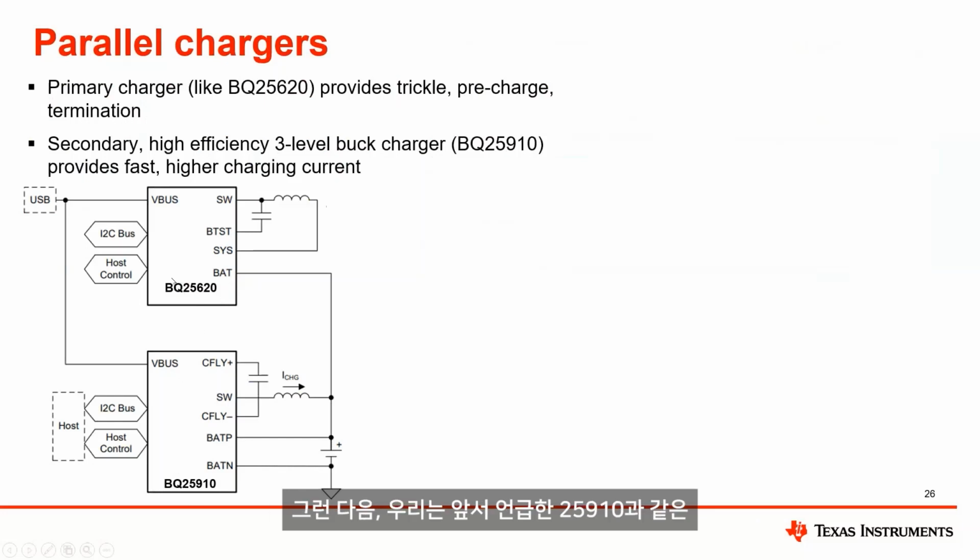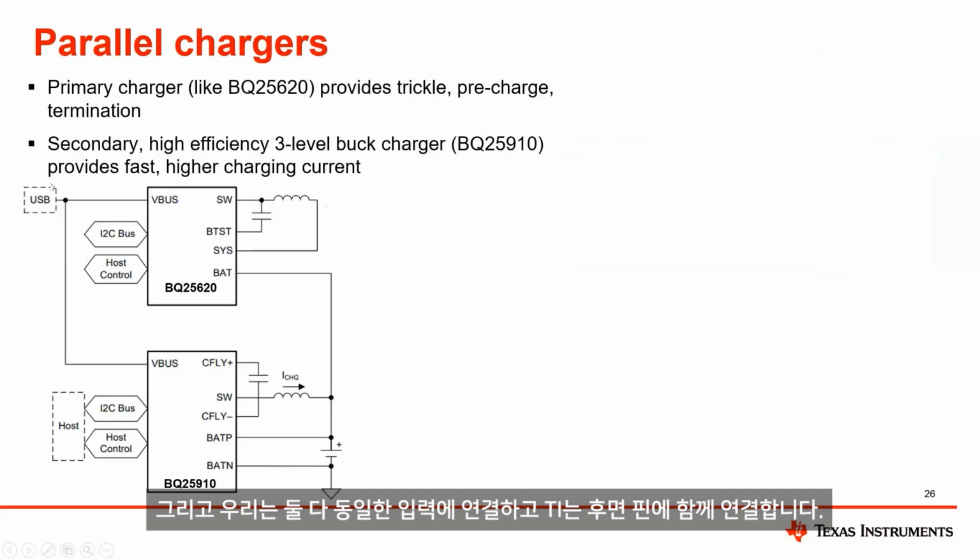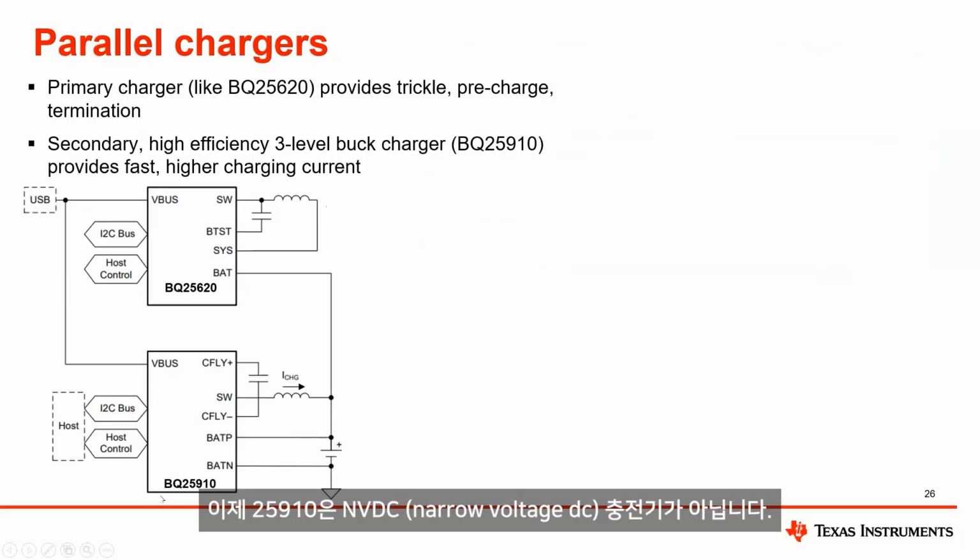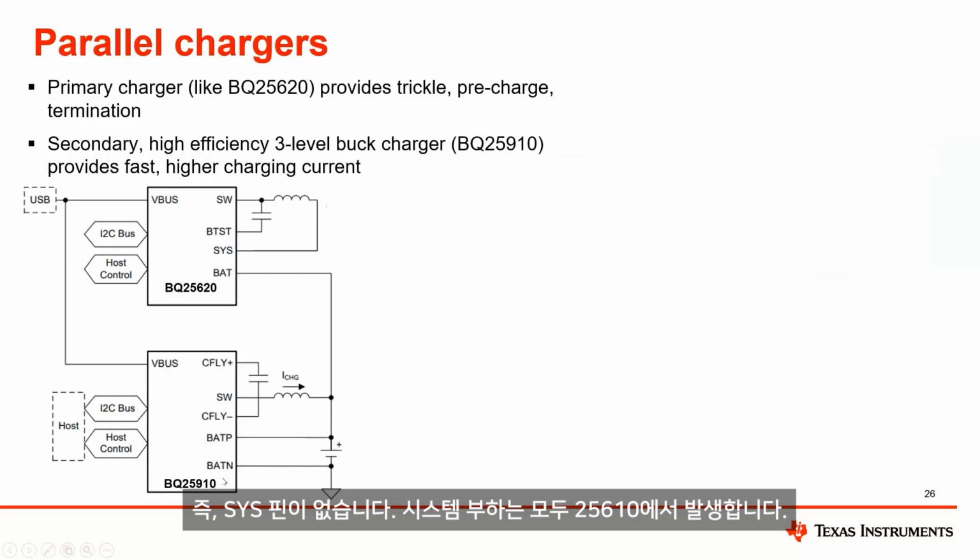And then we might connect a secondary high efficiency 3-level buck charger like the 25910 that we talked about. We connect them both to the same input, and we tie the bat pins together. Now the 25910 is not an NVDC charger, so it doesn't have a sys pin, and all of the system load will still come out of the 25610.